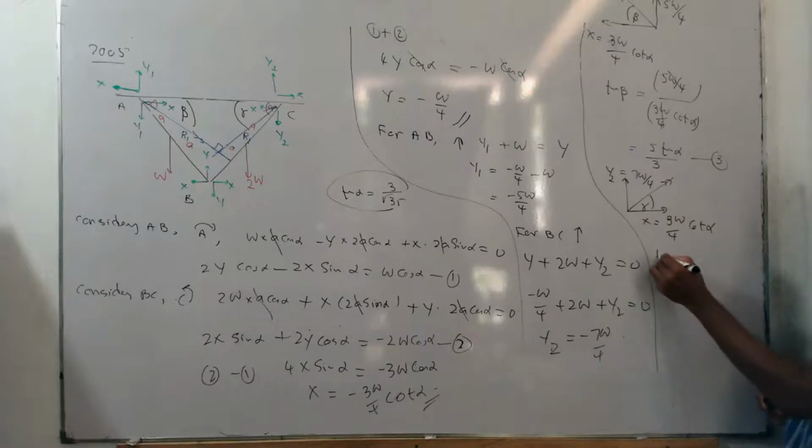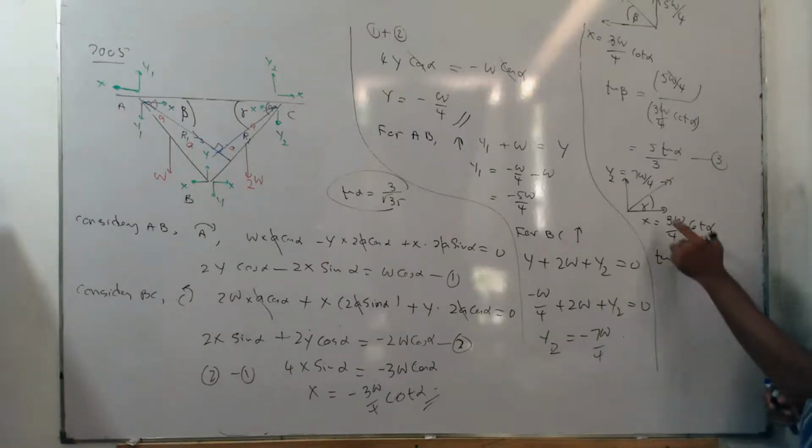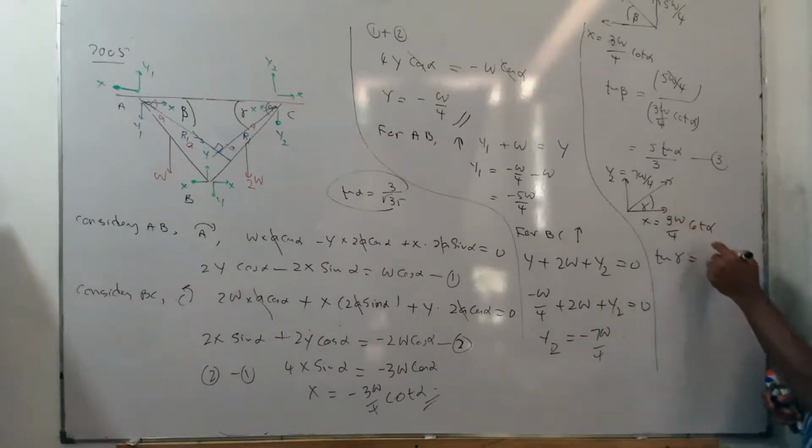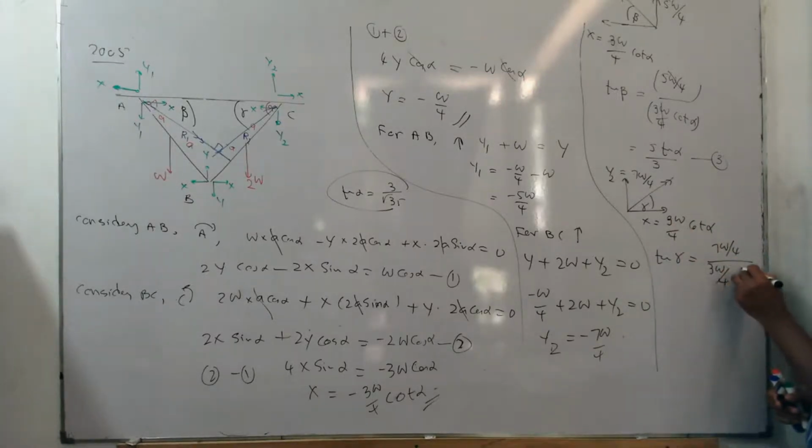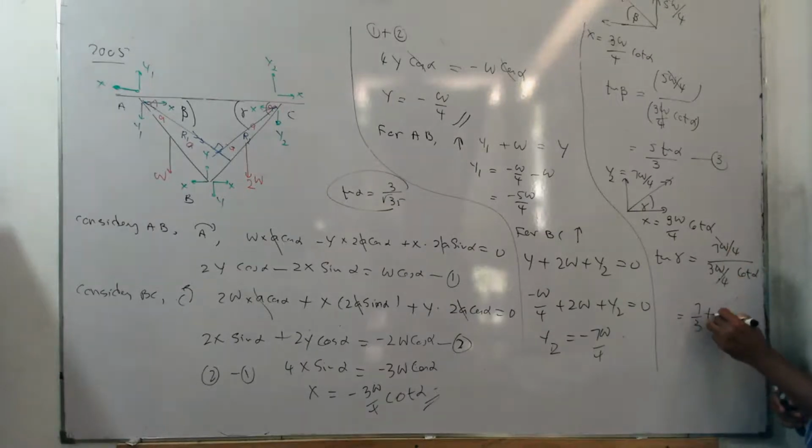Let's find tan gamma. This over this, divided by 3w over 4 cot alpha. W over 4 will get cancelled. You get 7 over 3 tan alpha. That's what I get for tan gamma.